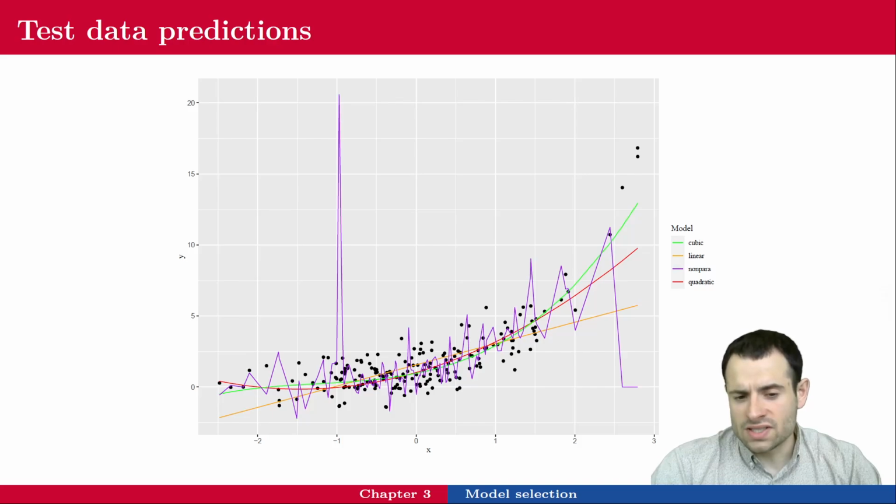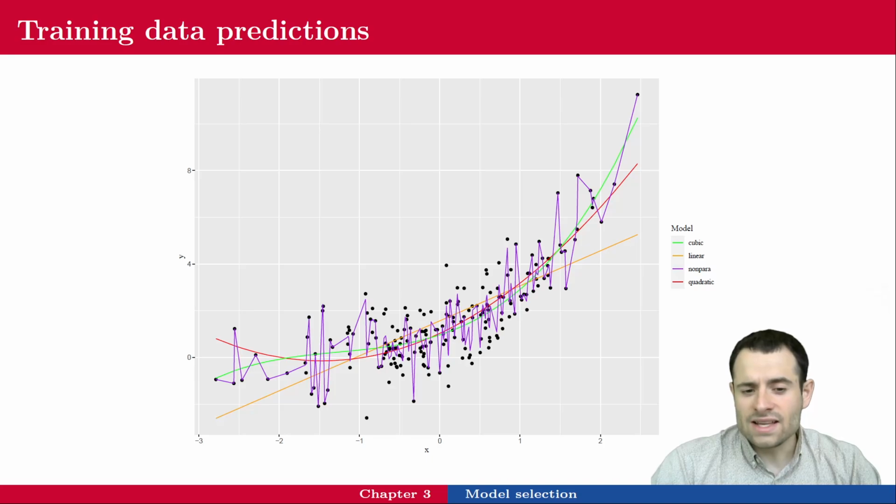Whereas the non-parametric estimator, the most flexible estimator here, is very, very erratic, and some points do not match at all, although they were nicely matching in the training dataset.